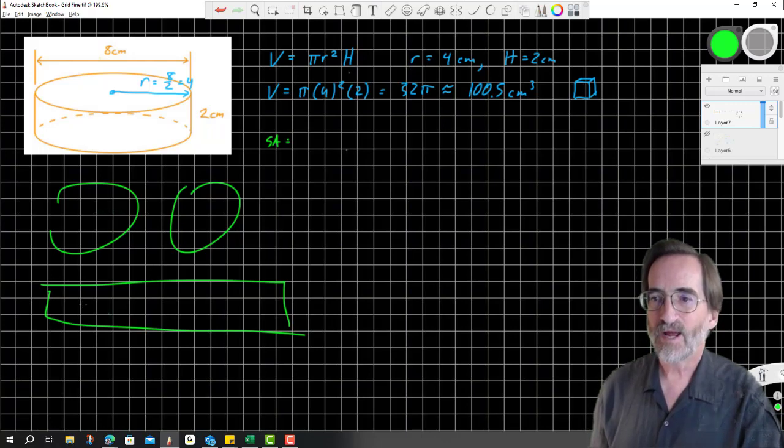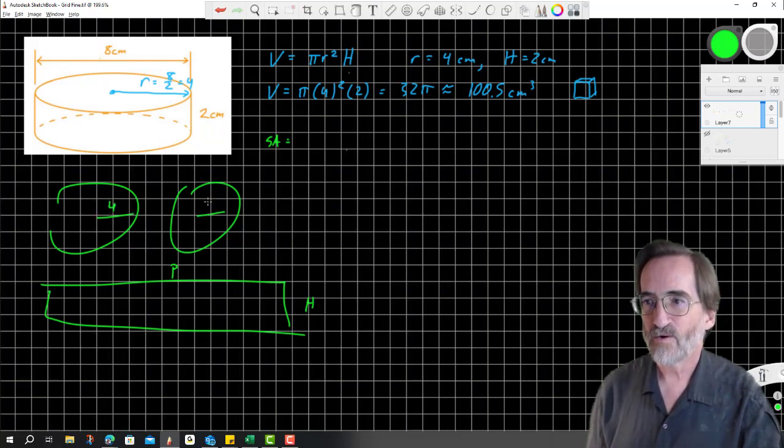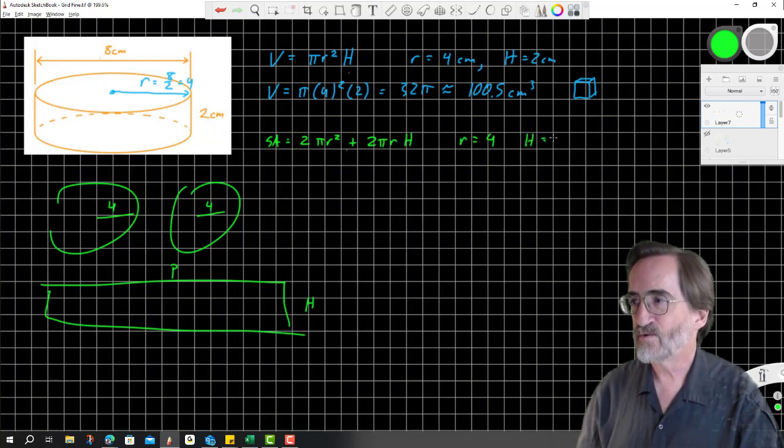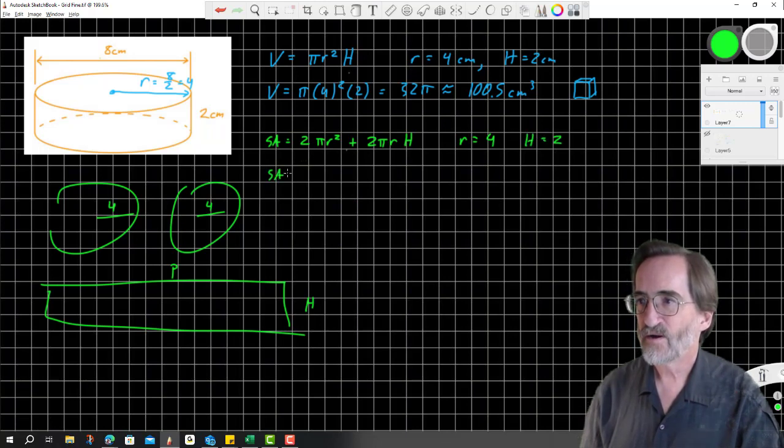So the bases and the height and the perimeter, right? So the bases are circles with a radius of 4. So the surface area is 2 times pi r squared plus the circumference, 2 pi r, times the height, h. R is 4, h is 2, so the surface area is 2 pi times 4 squared plus 2 pi times 4 times 2.